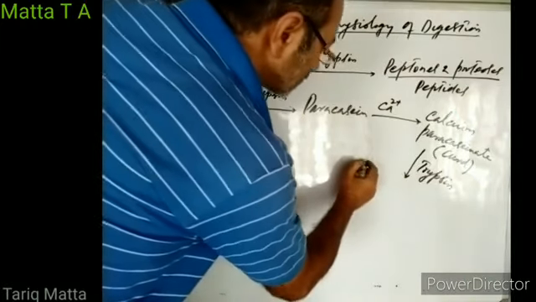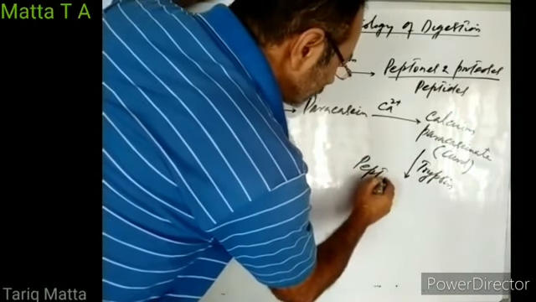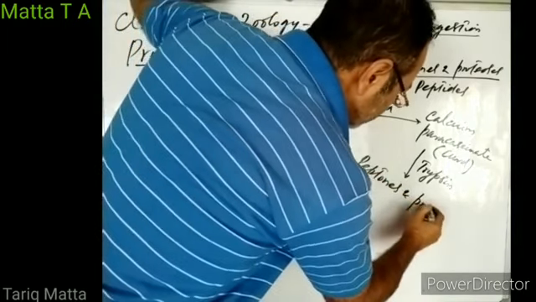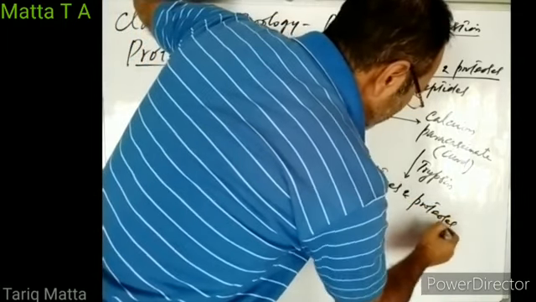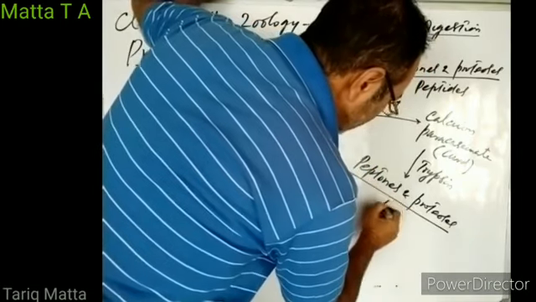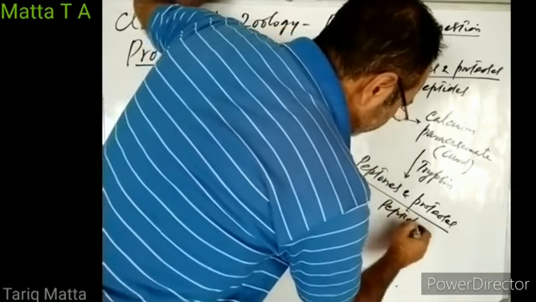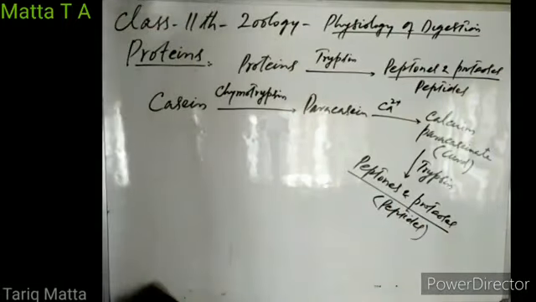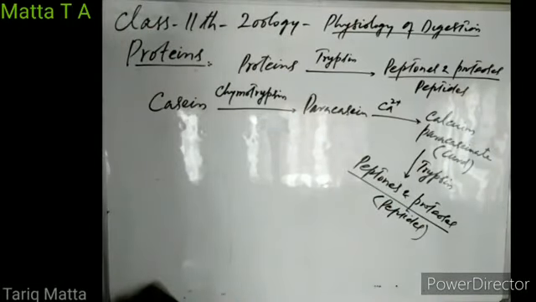And trypsin breaks it into peptones and proteoses, known as peptides.